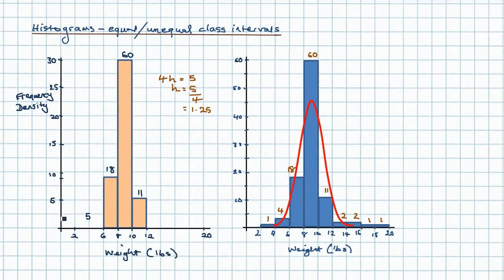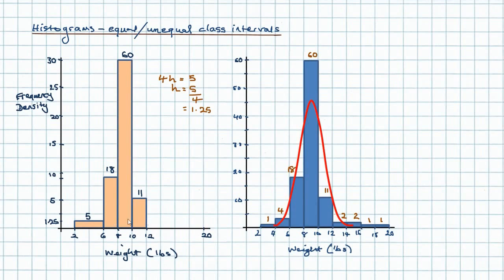Well, if this is 5, so the frequency density is 5, then half of this must be 2.5, and half of 2.5, so here, must be 1.25, so 1.25 on our scale here. So now we can draw up our bar to this point here, and we've got an area now which is proportional with the other areas.